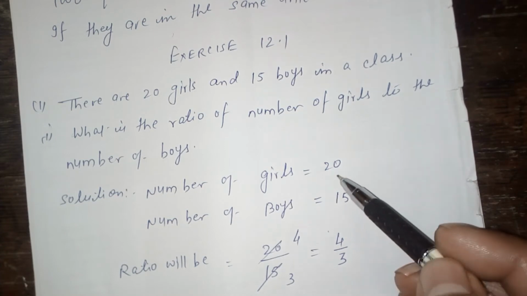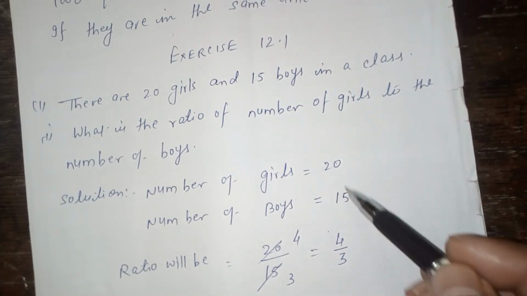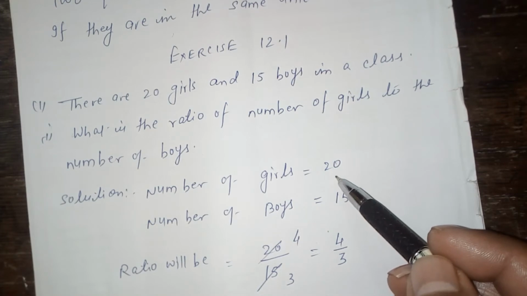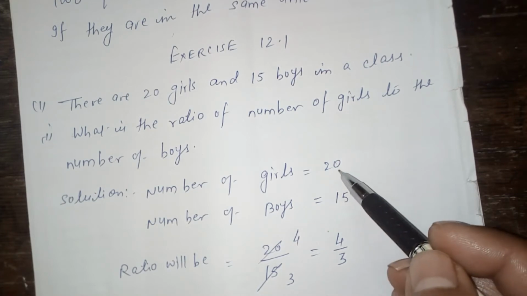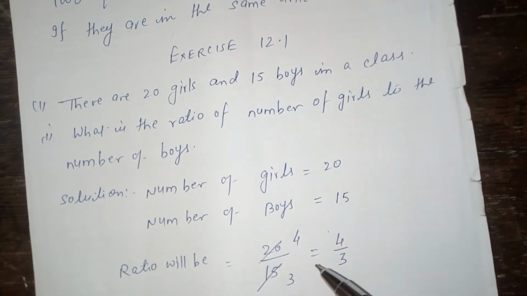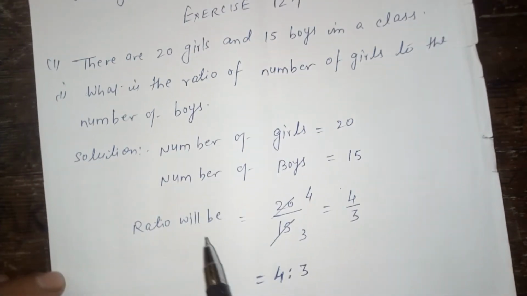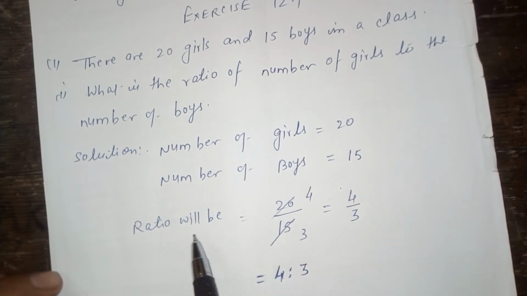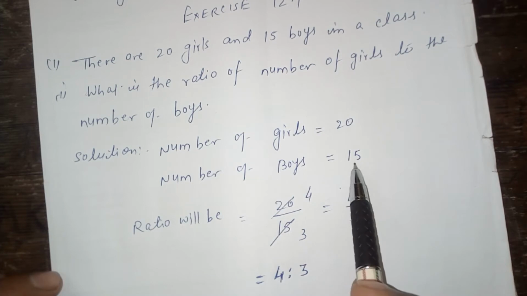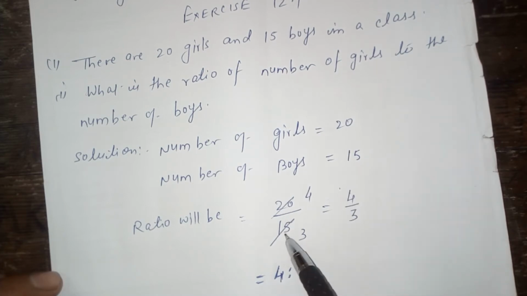As you know very well, 20 and 15 are natural numbers, so it will be very easy to find the simplest form of 20 upon 15. So the ratio of the number of girls to the number of boys will be 20 upon 15.